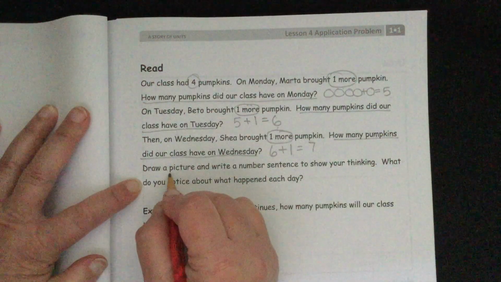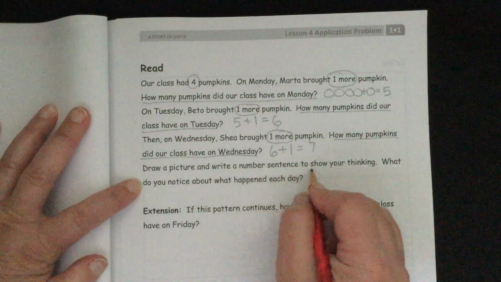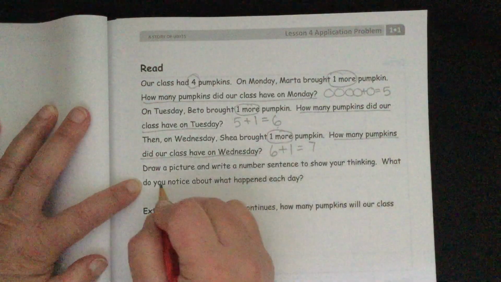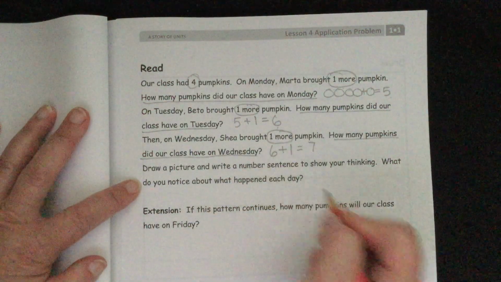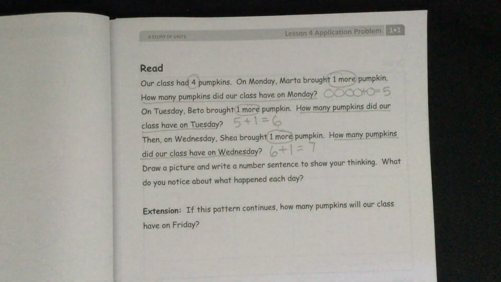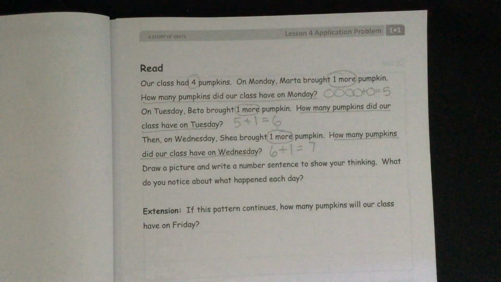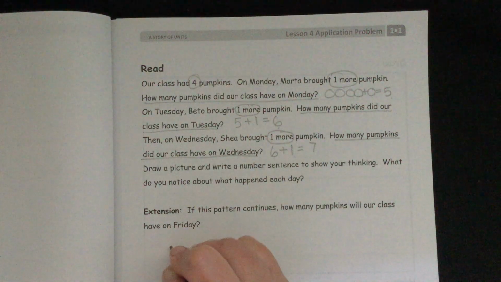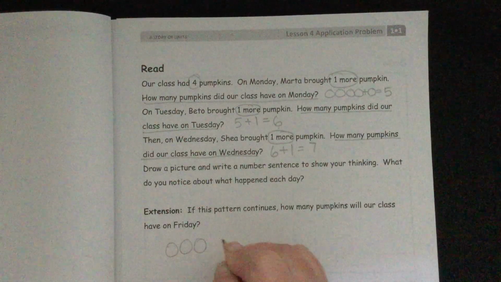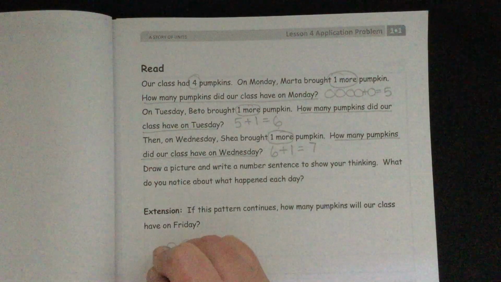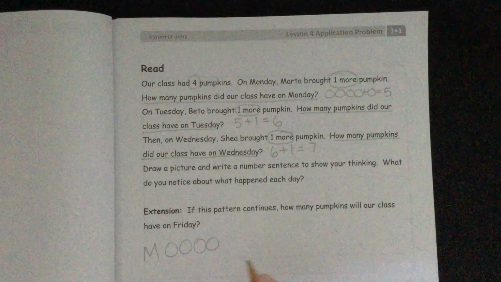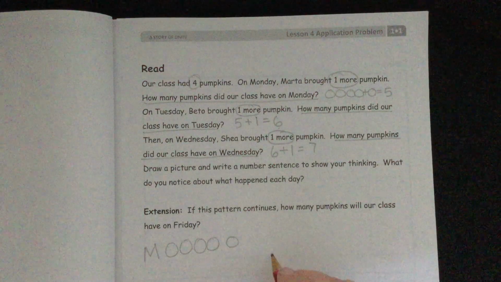Okay, so draw a picture and write a number sentence to show your thinking. What did you notice about what happened each day? So we have our 1, 2, 3, 4. We'll put an M for Monday and 1 more.